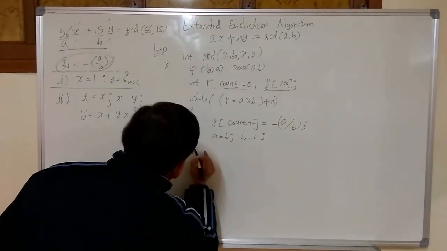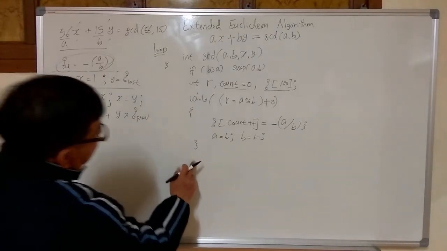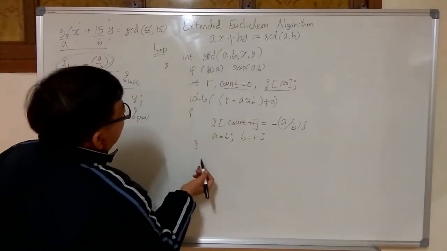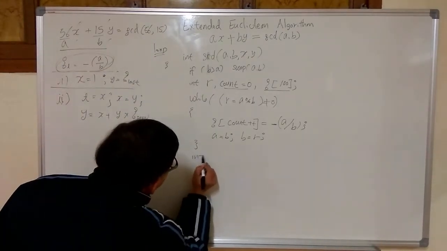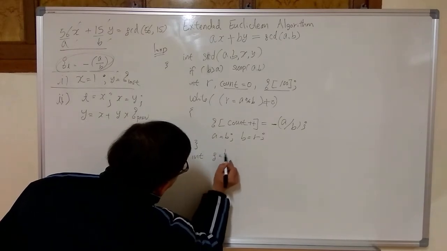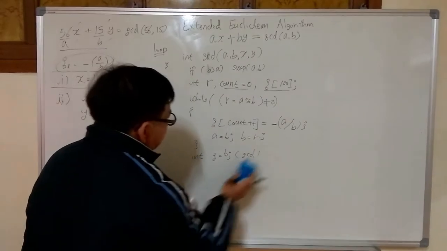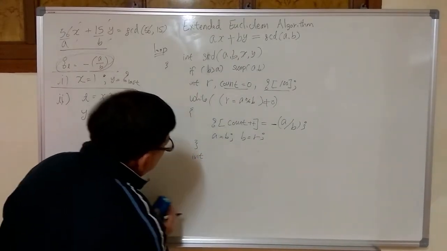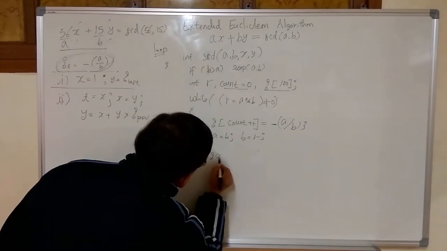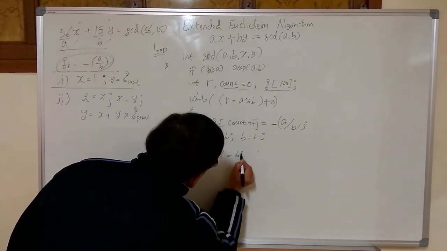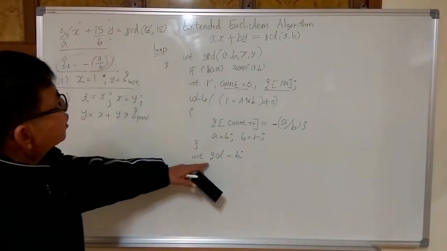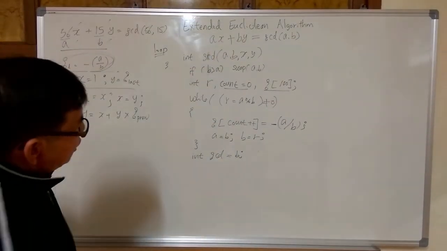Okay. At this point, I would say int G equals B. This is the GCD actually. It will be returned, GCD equals B. This is actually the return value, the greatest common divisor.